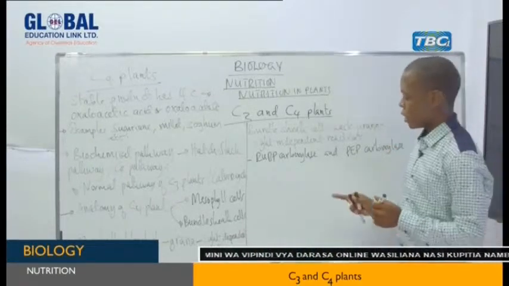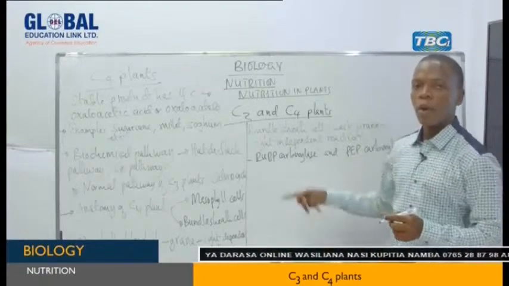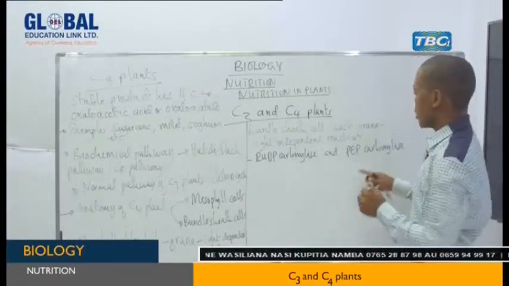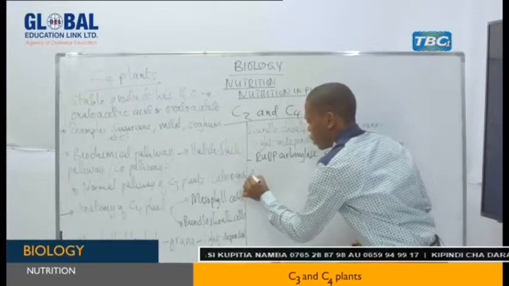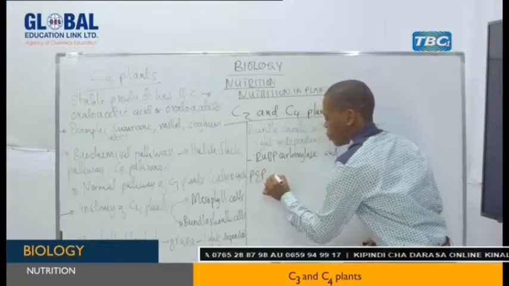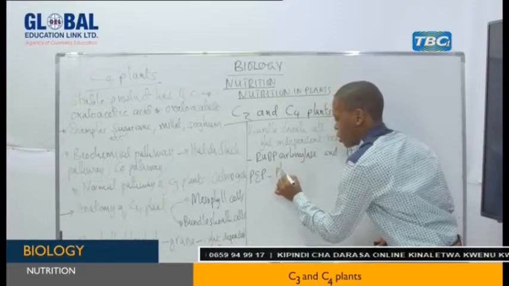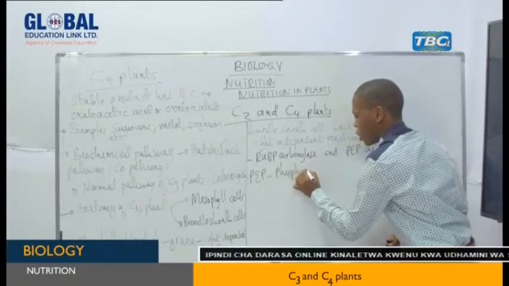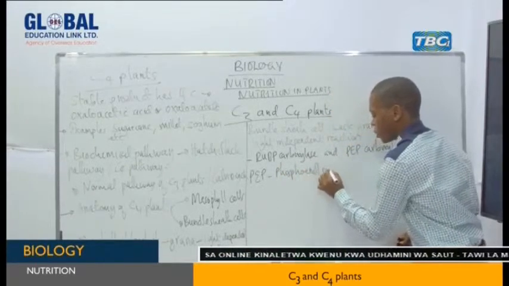As you have said, in C3 plants RuBP stands for ribulose bisphosphate, but PEP stands for phosphoenol pyruvate.